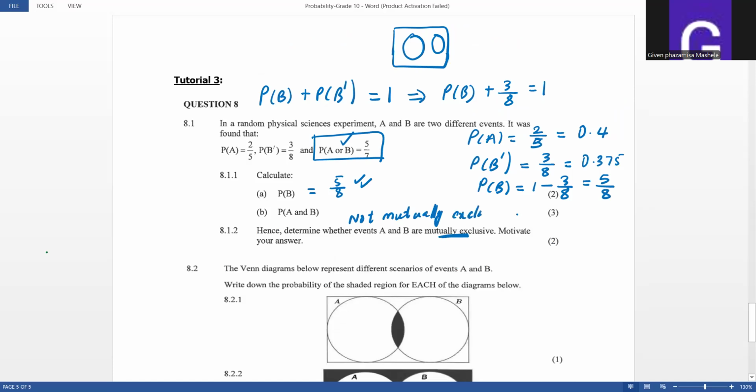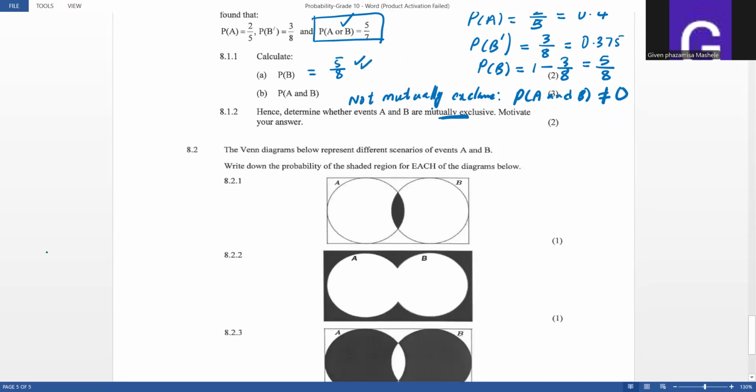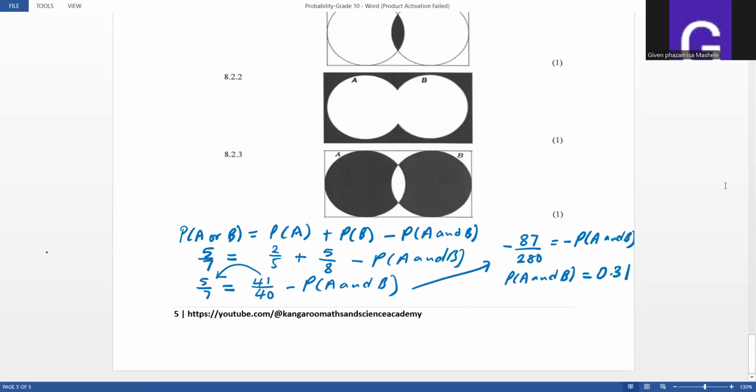They intersect. If we were to construct a Venn diagram, there would be an intersection with a probability of 0.31.